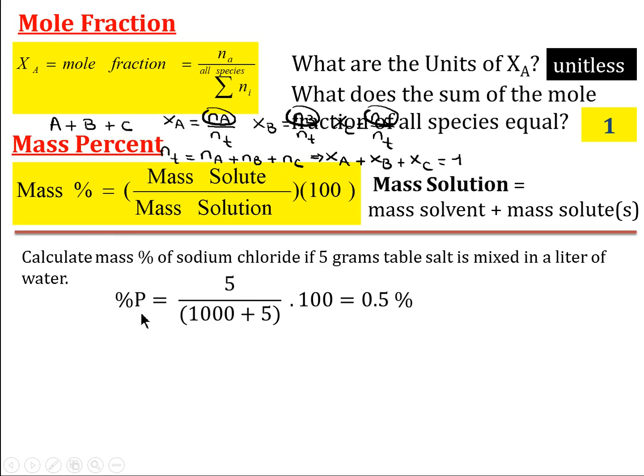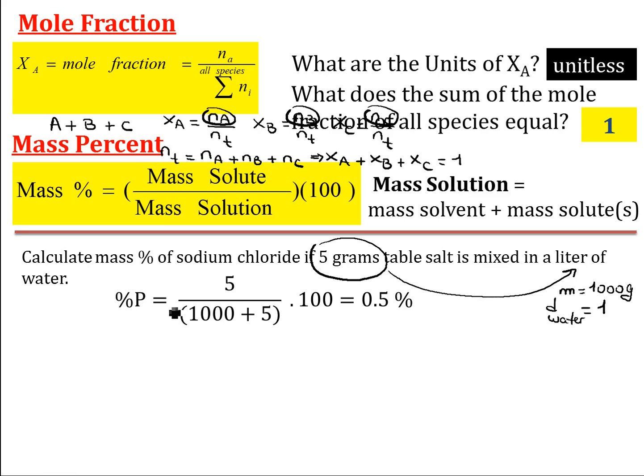The percent P, by definition, is equal to the mass of the solute, which is equal to 5 grams, divided by the mass of the solution. The mass of the solution is equal to the mass of the solute plus the mass of the solvent, and the mass of the solvent in this case is equal to 1000 grams, since the density of water is equal to 1.